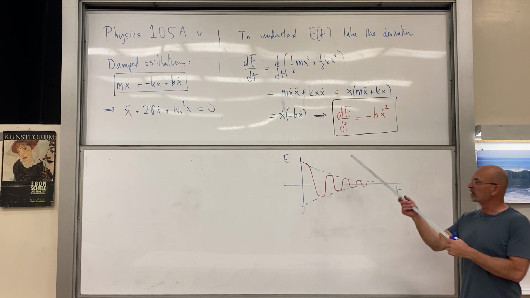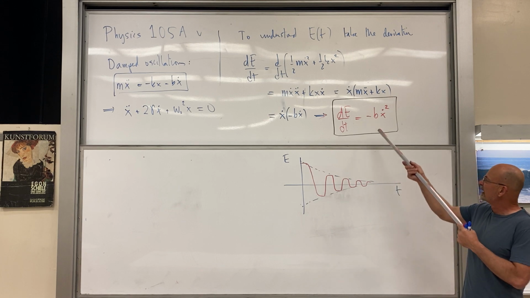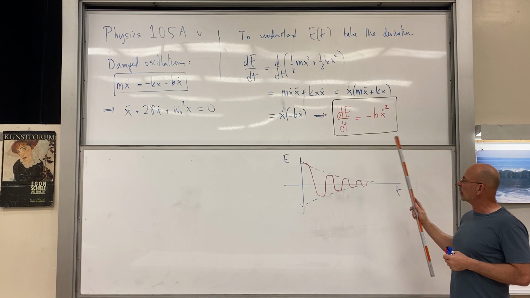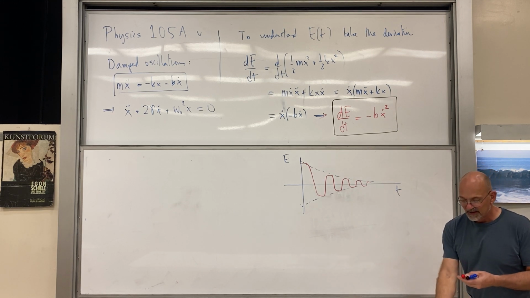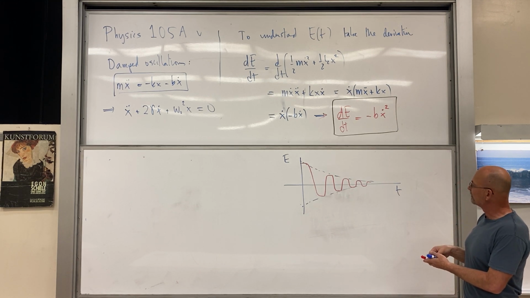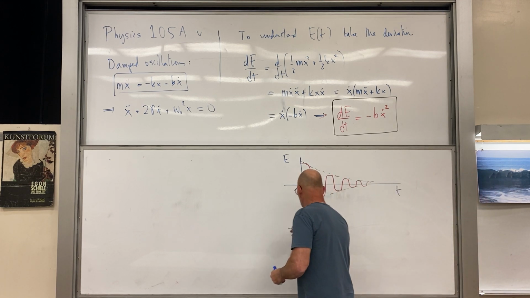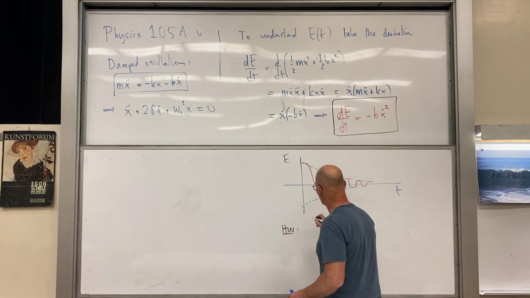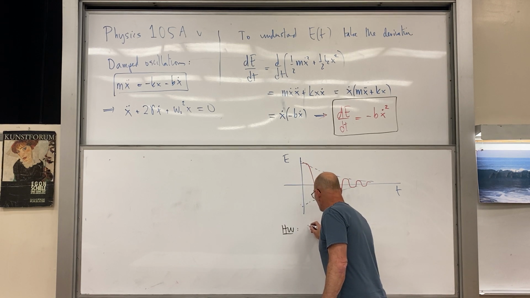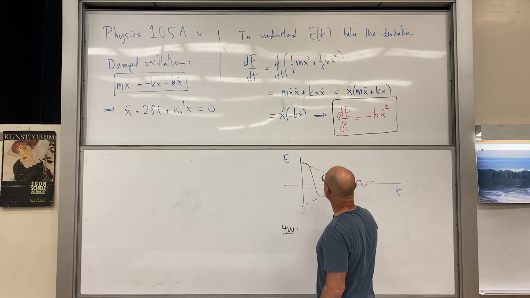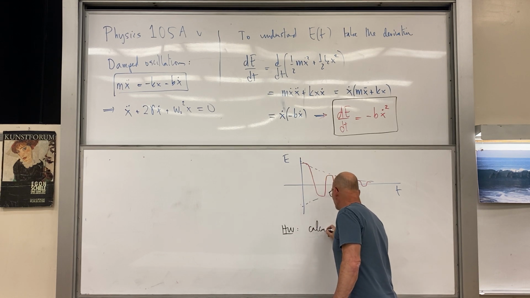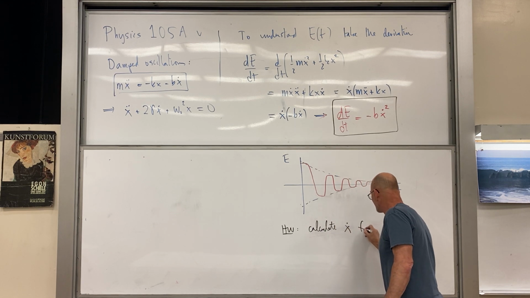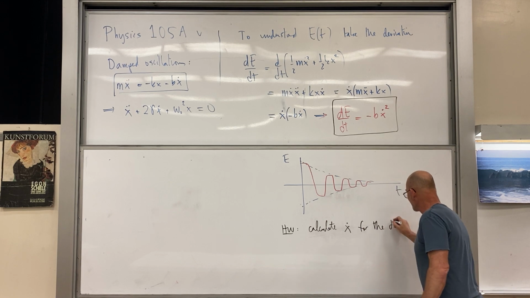I don't have it on the board anymore, but of course you have it in your notes. I don't have the x dot. You could study that a bit and figure out where x dot actually vanishes. In fact, let's do that as homework, since we already have half of it there. Homework: calculate x dot for the damped oscillator.